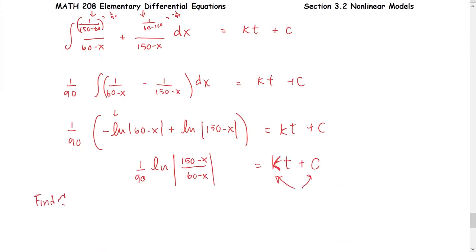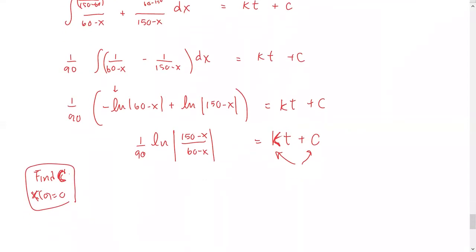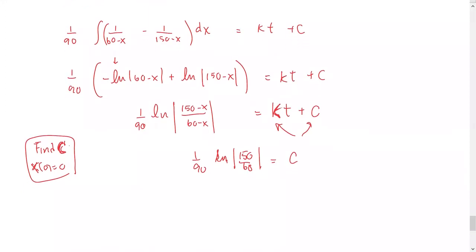Find c using the initial condition x at 0 equals 0. Okay, that gives us 1 over 90 natural log absolute value of 150 over 60 equals the value c. All right, and this number can be simplified: 0 and 0, 15 and 6, 3 goes into both, so it's going to be 5 over 2, or 2.5.